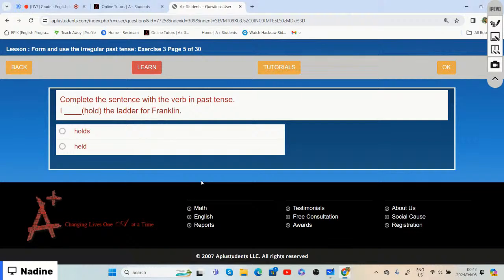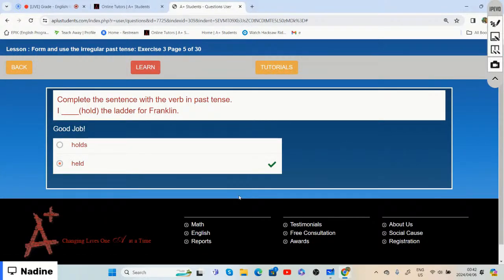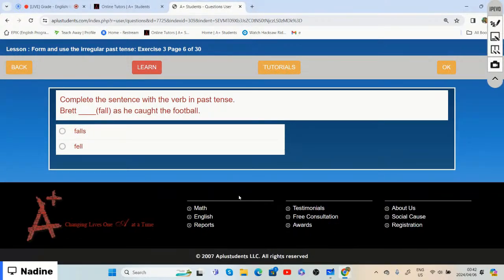So we can say I held. Holding is now, but in the past I held. Yes, well done. I held the ladder for Franklin, right?